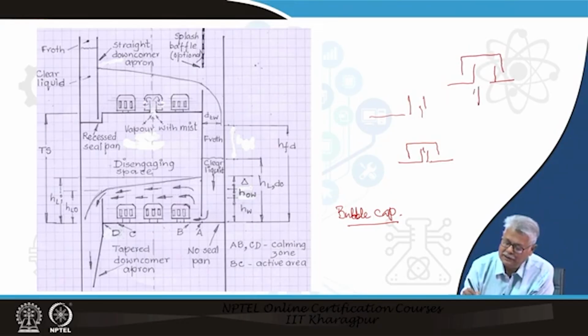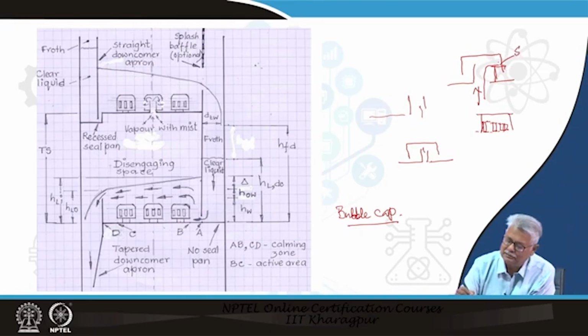So, the vapor coming in here, the cup that you see here looks like this, it will have slots. It will have usually square or trapezoidal slots here, through which the vapor bubbles will be coming out. So, the vapor, or the gas, which goes here comes out through these slots.